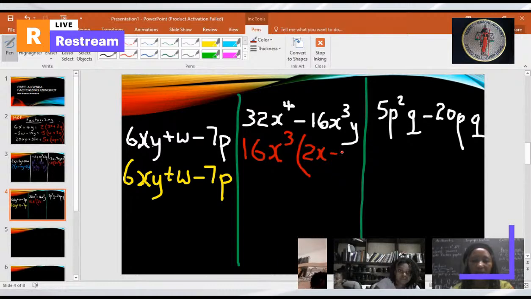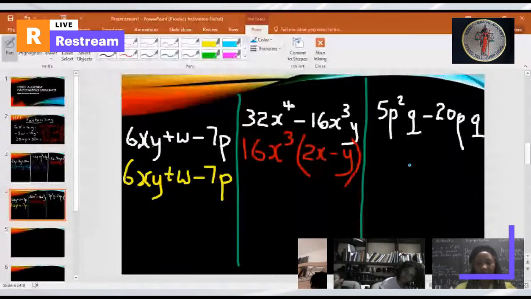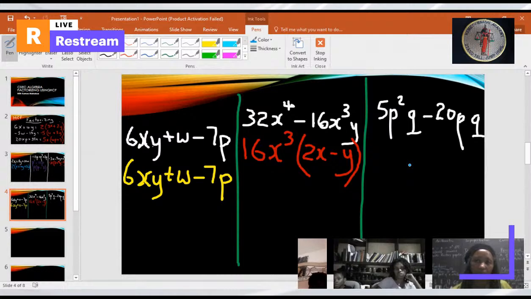Okay, Imani, read the next one and walk me through it, please. Okay, miss. 5p squared q minus 20pq. Miss, so the common factor here is 5pq since the two terms have p and q. Right.